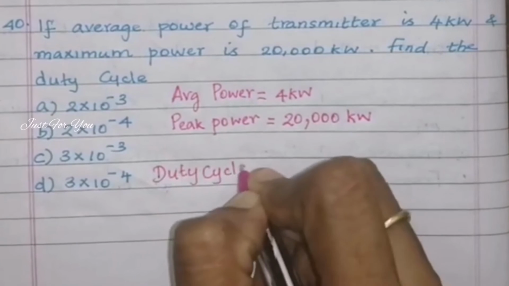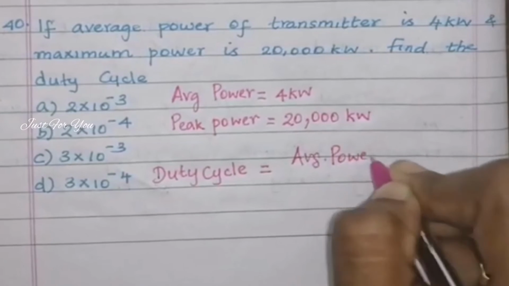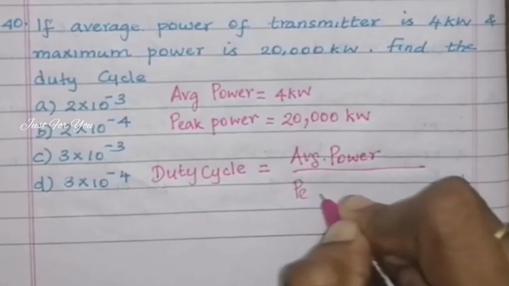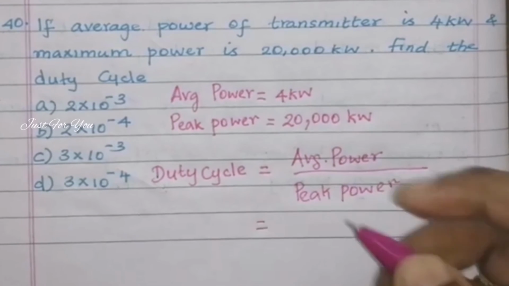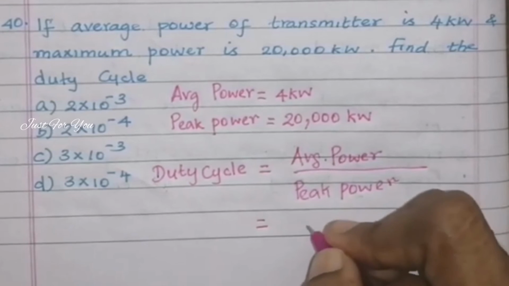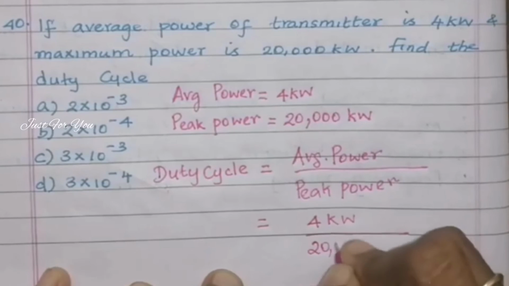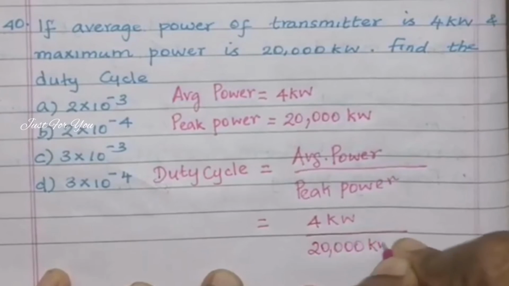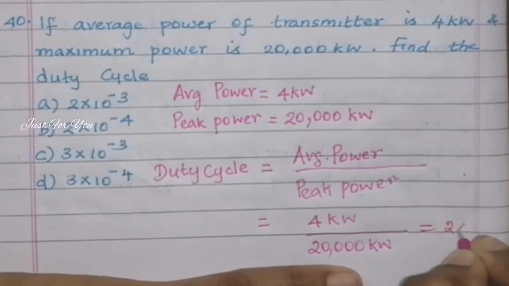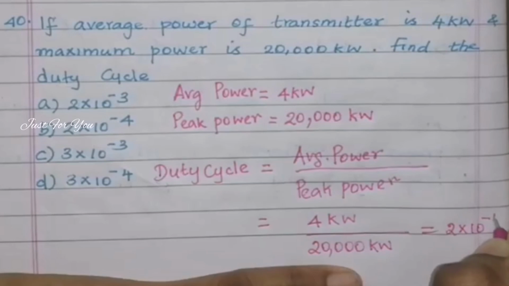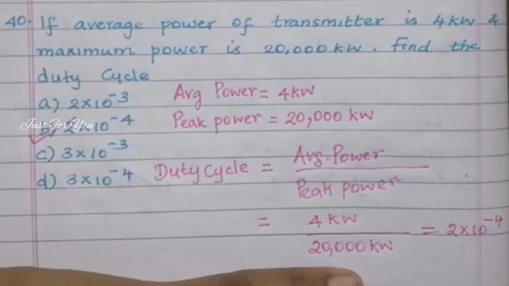To calculate the duty cycle, the formula is average power divided by peak power or maximum power. On substituting the values, we will be getting average power is 4 kilowatts divided by peak power is 20,000 kilowatts. On solving this, we get 2 into 10 power minus 4. The correct option is option B, 2 into 10 power minus 4.